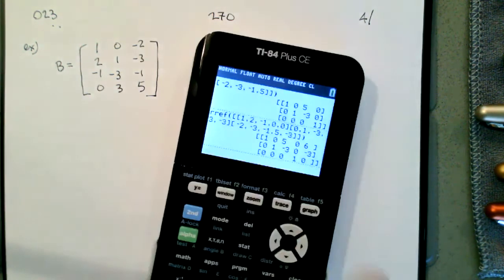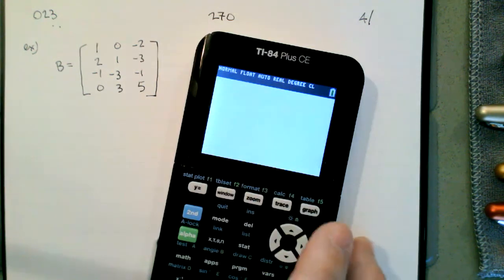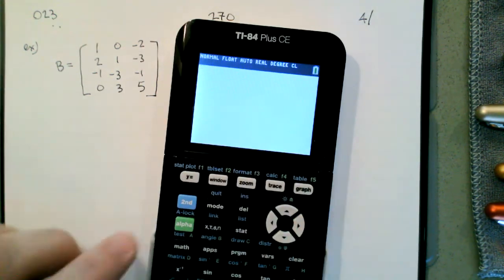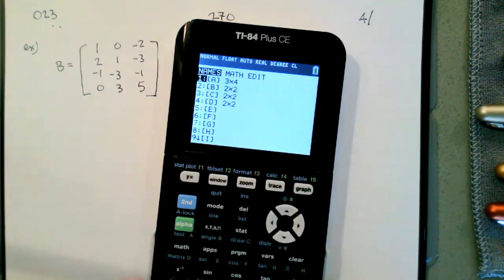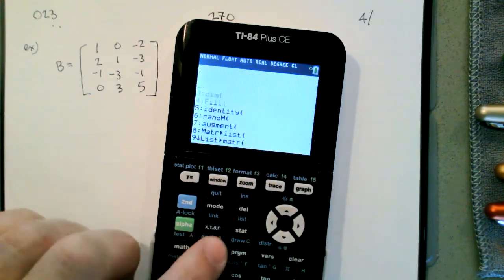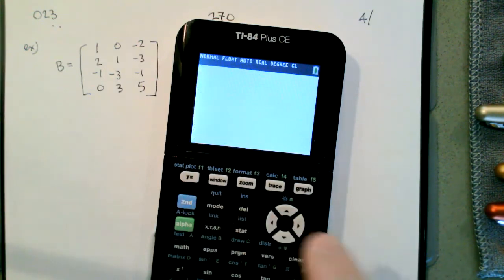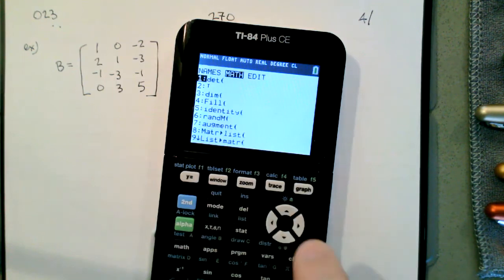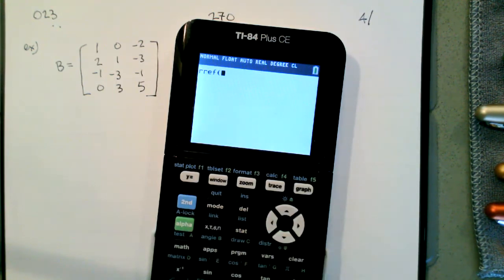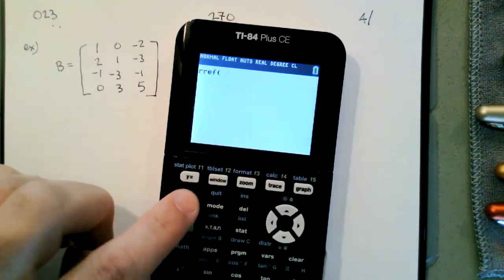So here's another fun thing that we get to learn about our calculators and the ridiculous limitations they place on us. So I want, oops, no, that's not it. Matrix alpha. There we go. So I'm going to put this matrix in.